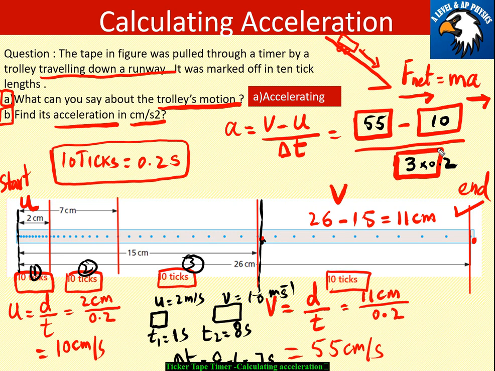Now if we do these calculations, we can find the value of a, that will be equal to 75 centimeters per second per second. So here let me write down again the value of acceleration, that is 75 centimeters per second per second. So this is how we can calculate acceleration.